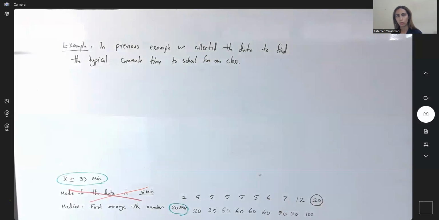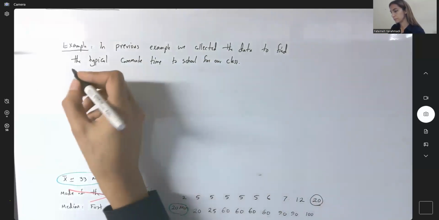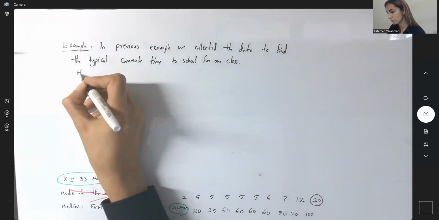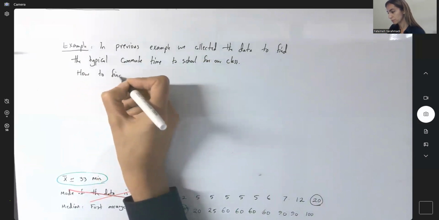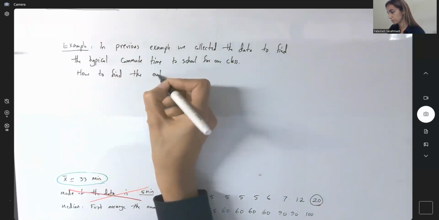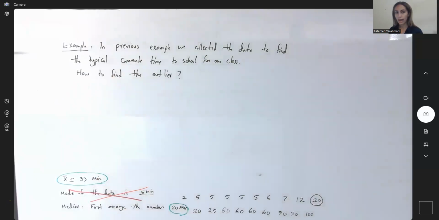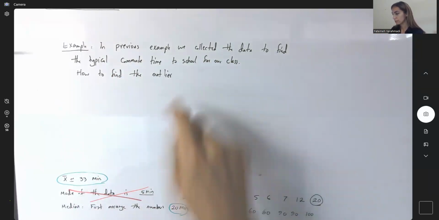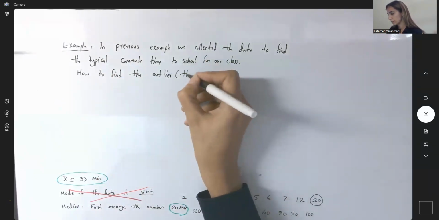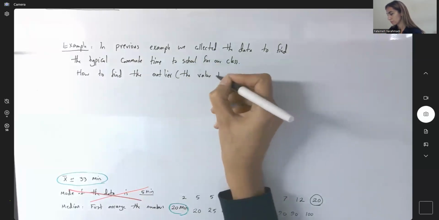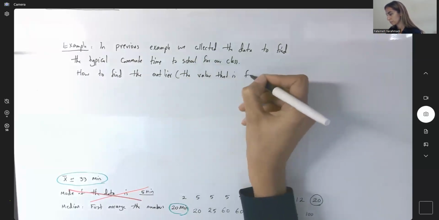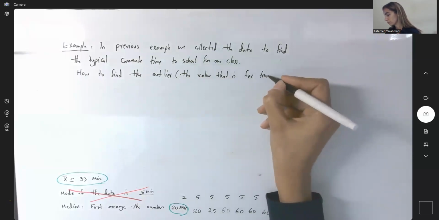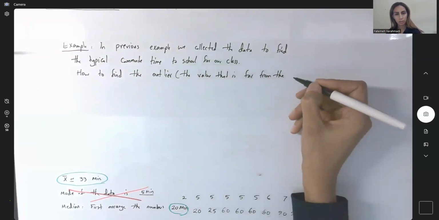Well, now we want to know what is the outlier. The question is how to find the outlier or outliers. You might have more than one outlier, a value that is far off from the rest of the values. So an outlier is a value that is far from the majority of the data.